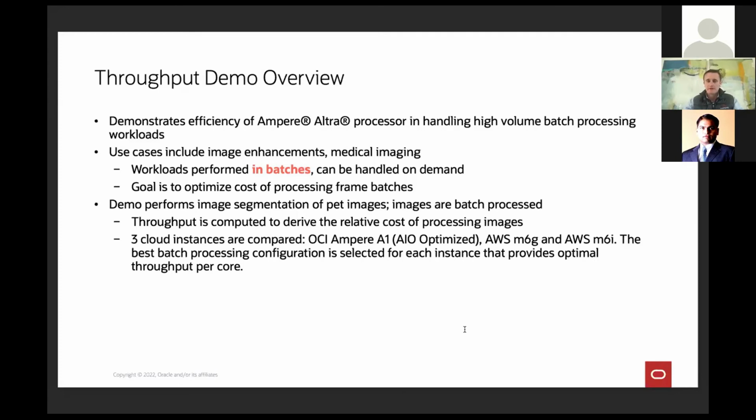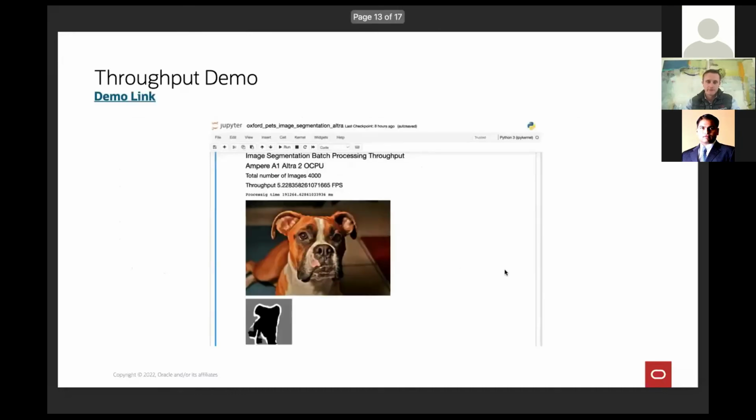And again, it's the same setup where we're picking the best possible configuration for each of those servers. And in this case, we're picking the number of cores on each of those servers that give you the best performance per dollar spent. So again, let me show you the actual demo.